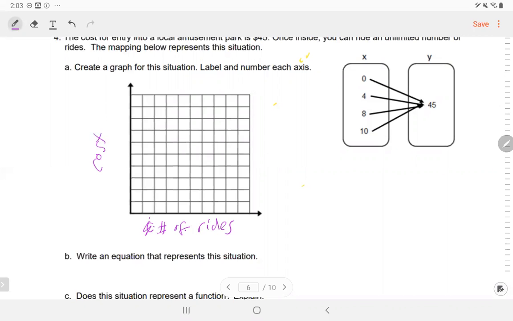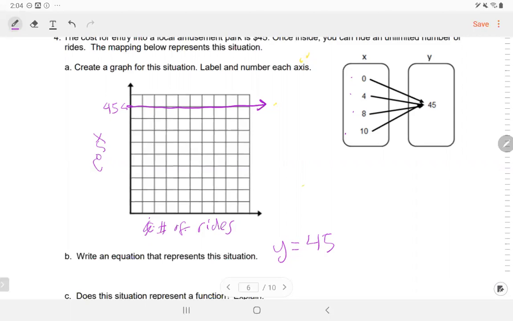So if I were to actually draw this, we could see that it does not matter how many rides we ride. No matter what, let's just say that this up here is $45. No matter how many rides we ride, it's still going to be $45. So that means that we don't even have an x in our equation. This is a horizontal line, which is just y equals 45.